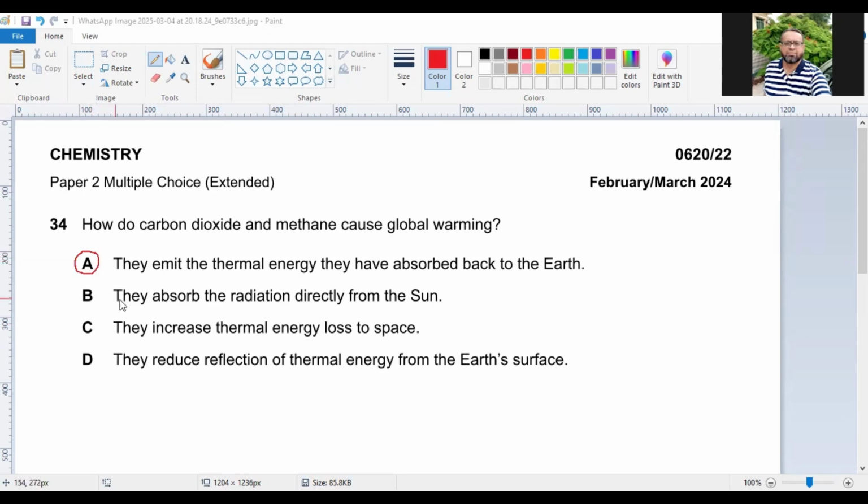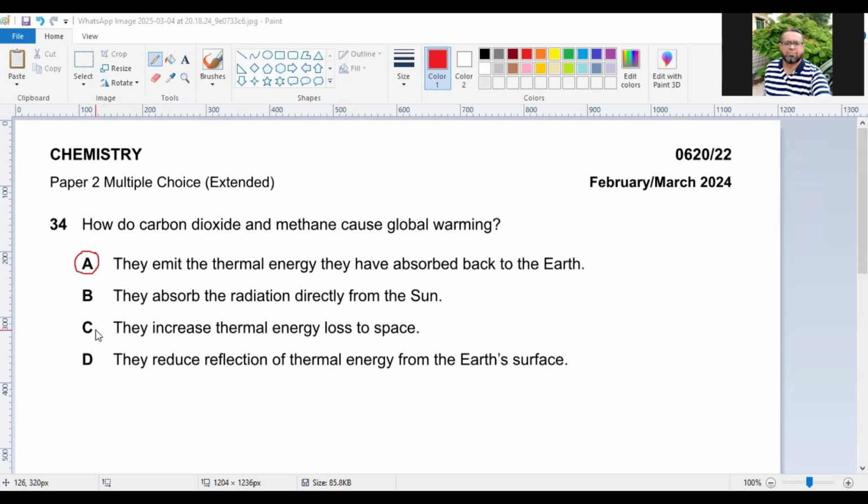And if you see option B, they absorb the radiation directly from the sun. So it decreases global warming. If it were the case, then it would decrease global warming. And C, they increase thermal energy loss to space.